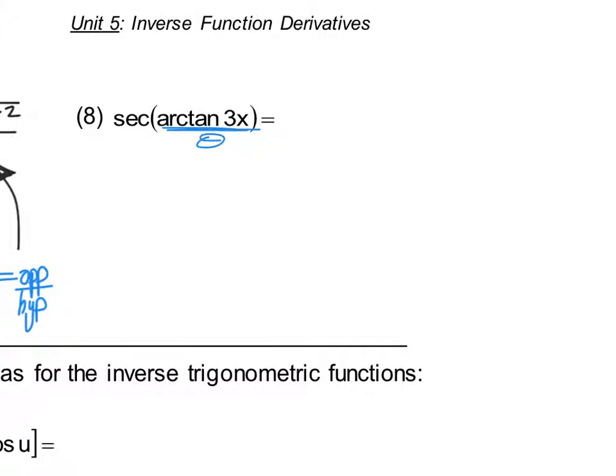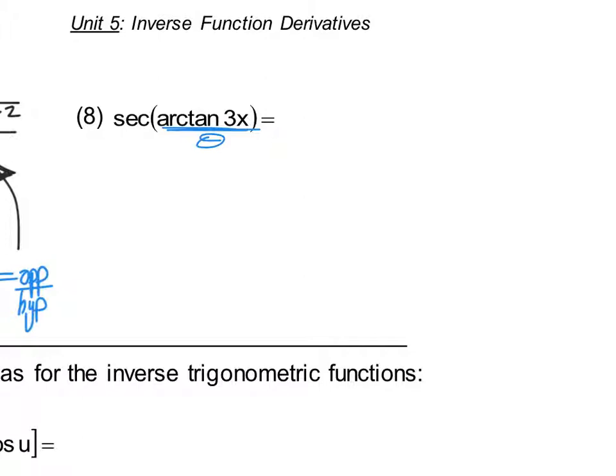All right, and again, we want to streamline it a little bit. Secant of the arctangent of 3x. Again, the result of an inverse trig function is always an angle. So this whole thing here amounts to some angle theta. So I could write arctangent of 3x is equal to theta, just to then take the tangent of both sides.